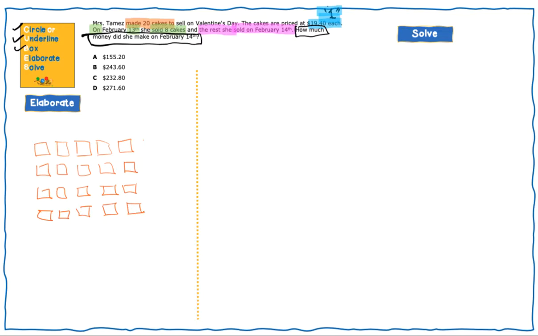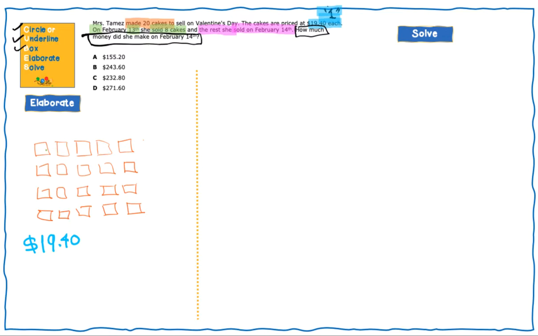Now, my story says that each one is 19.40. So really, I would have to write 19.40, 19.40, but I'm just gonna do this once. That means 20 times, because there are 20 cakes here. Can you see the 20 cakes? Now I'm gonna look at the next information, which says on February 13 she sold 8.